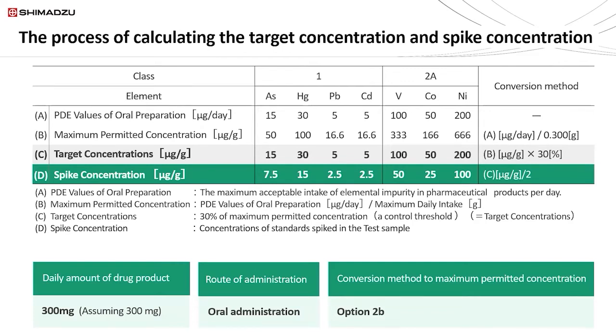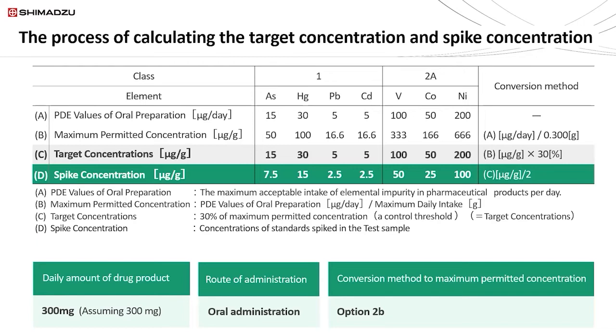So the permitted daily exposure values for the class 1 and class 2A elements are listed in the top row. 15 micrograms per day of arsenic, 30 micrograms per day of mercury, 5 micrograms per day of lead, and etc.